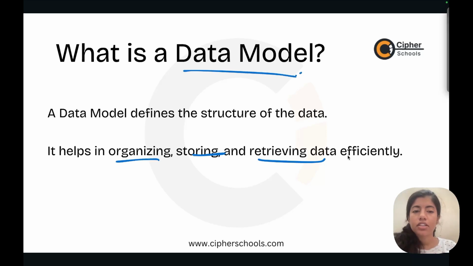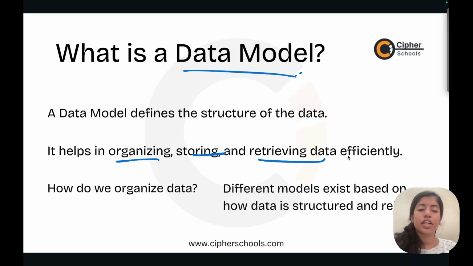For a library system, we have one kind of decision; for any other system, we'll have a different kind of decision. So how do we organize data and define all these things? There are different kinds of data models which exist, and depending upon our requirement, we'll decide on one data model and go according to it.